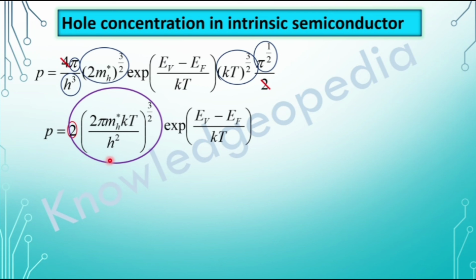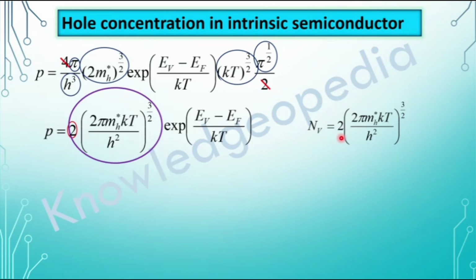Here in this expression, the terms within this circle are all constants. This 2 pi mh star, k, t, or h, all these are constant terms. As all these are constants, I can take them as a single constant.